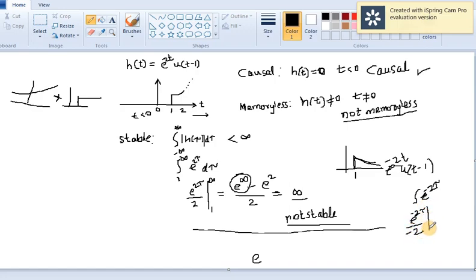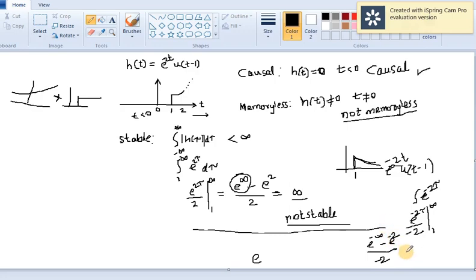The limits would be from 1 to infinity because the range of the signal we have not changed. When we solve this, we get e raised to minus infinity minus e raised to minus 2, divided by minus 2.